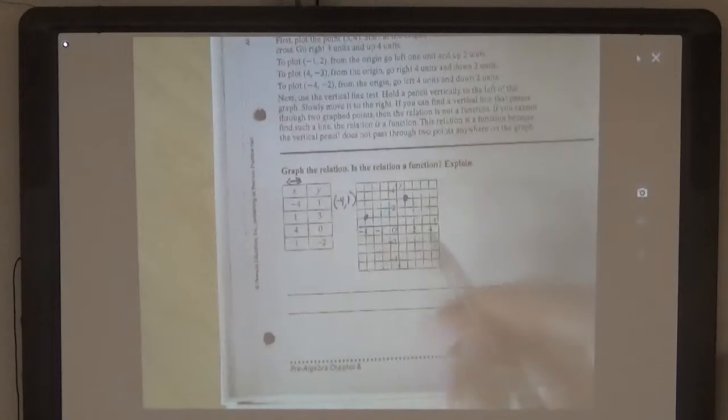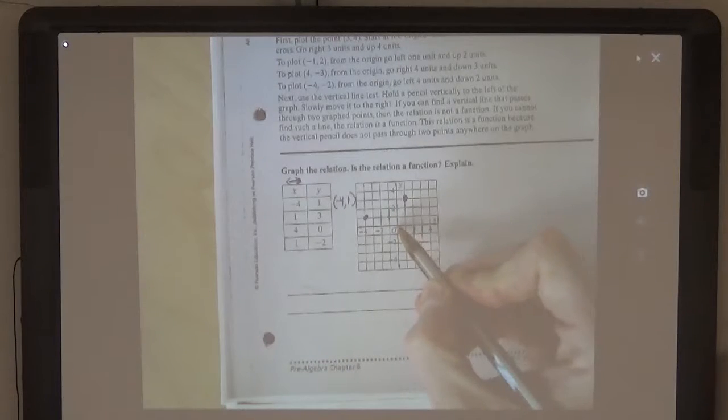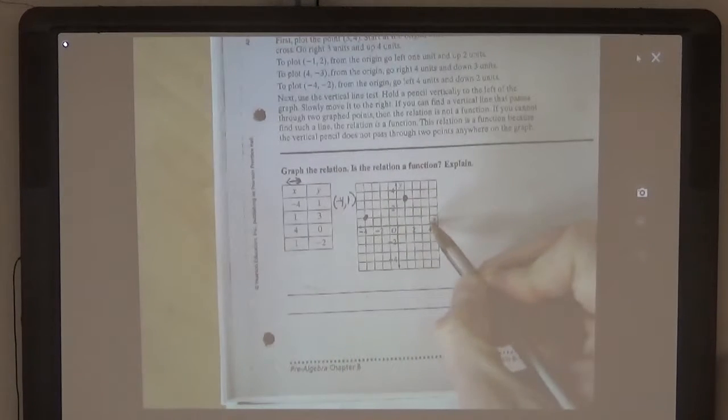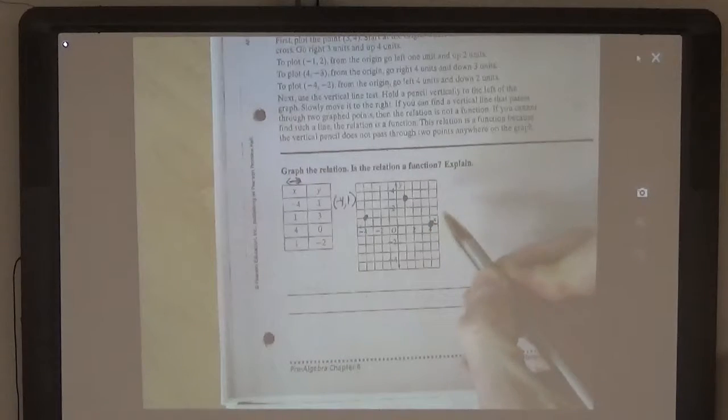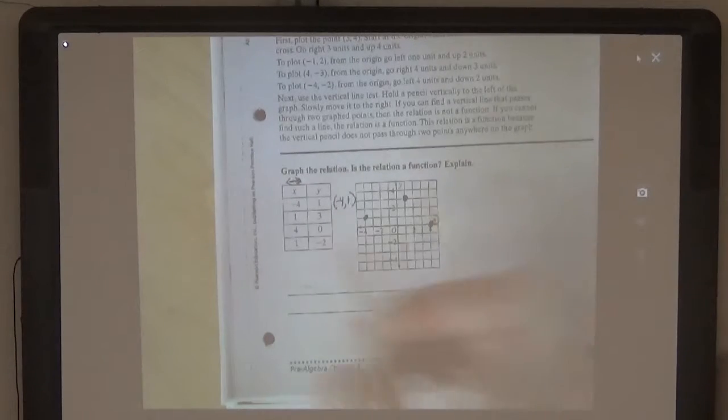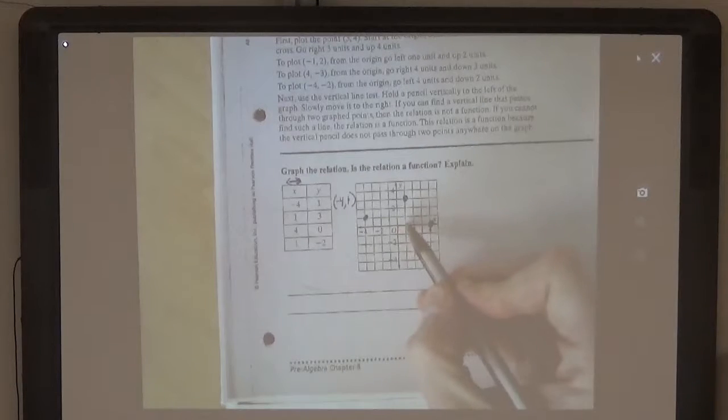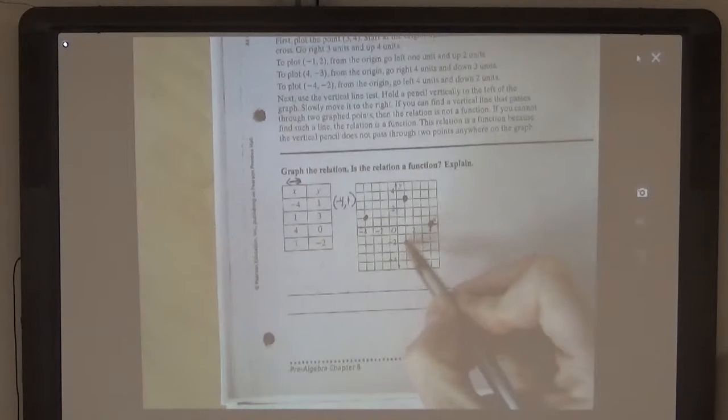Then go to 4, 0. So go over 4 to the right, because that's +4, and then mark the line, because you're just going up and down 0. Then go to 1, -2.